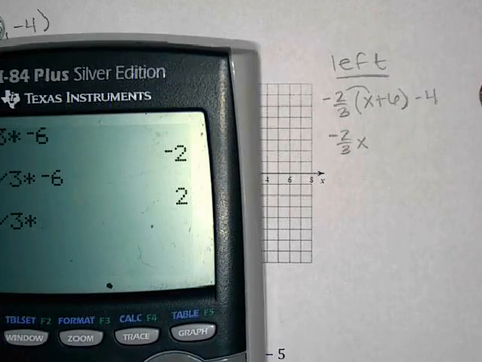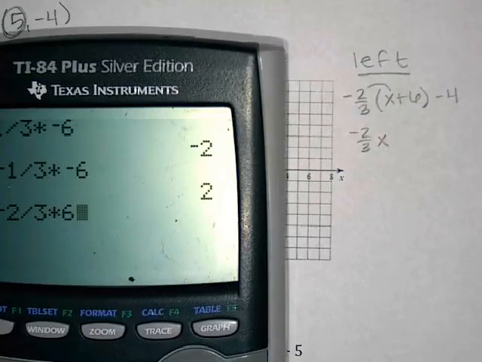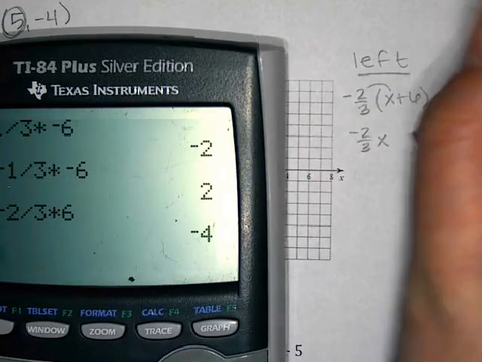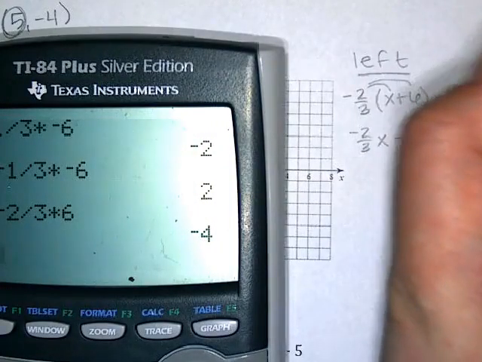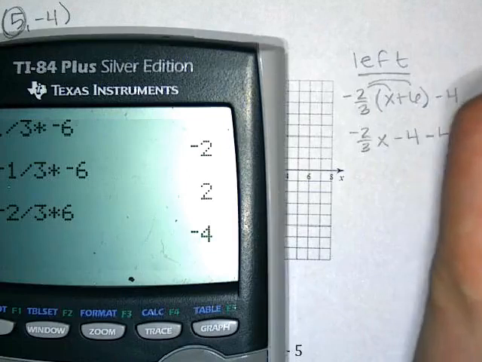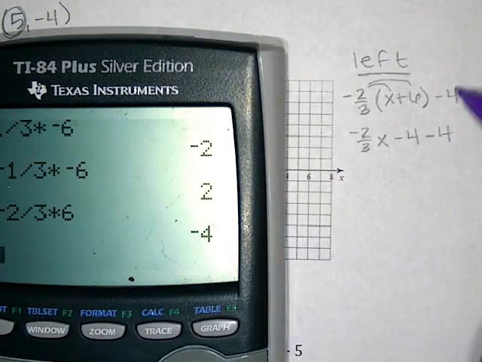So negative 2/3 times 6 is negative 4. And then there's also the negative 4 on the end. So when we combine like terms, what do we get? Negative 8.